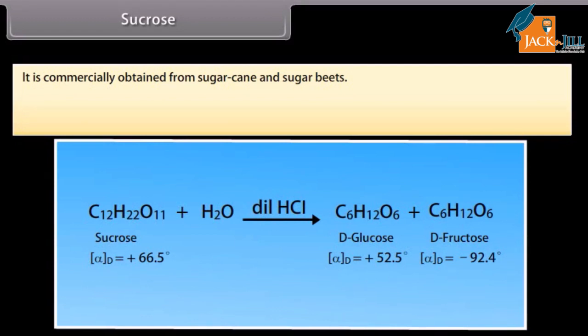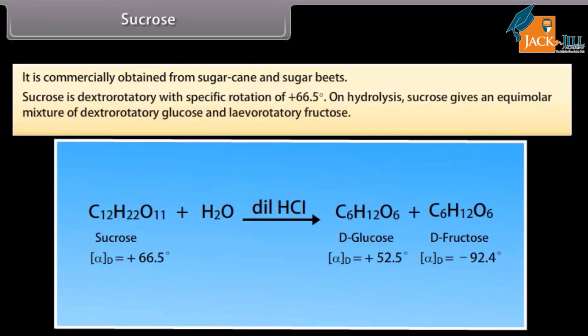When sucrose is hydrolyzed by dilute acids or the enzyme invertase, it gives an equimolar mixture of D-glucose and D-fructose. Sucrose is dextrorotatory with a specific rotation of plus 66.5 degrees. On hydrolysis, sucrose gives an equimolar mixture of dextrorotatory glucose and levorotatory fructose.